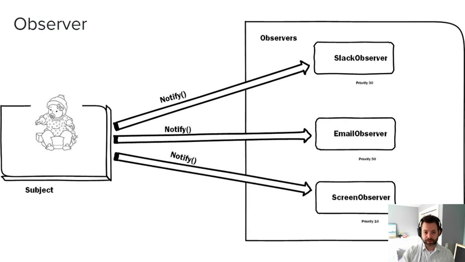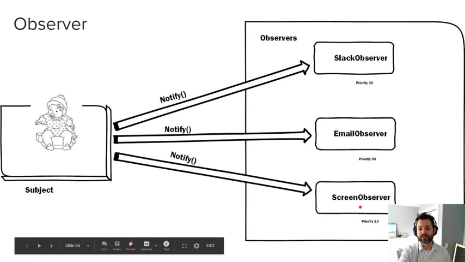Let's say that we have a subject, this child that we're watching, and then we have a bunch of observers. So maybe the kid is doing something dangerous, and we want to notify every single person in charge of watching the infant in whatever format they want, right? So send a ping on Slack, send an email, send a screen message, send a text message, right?